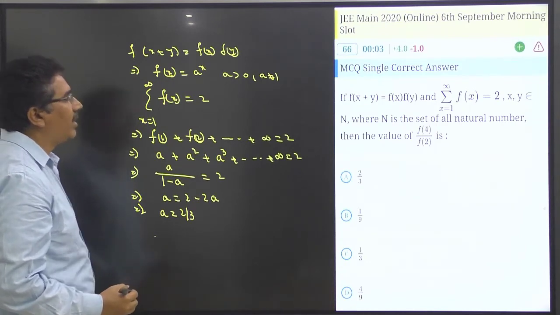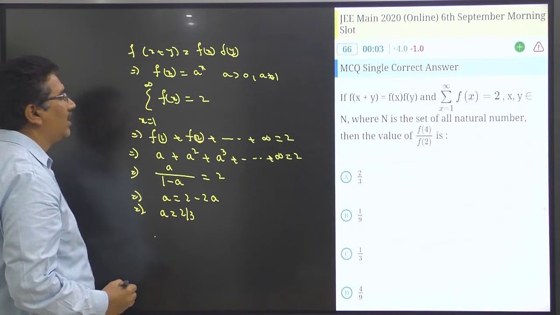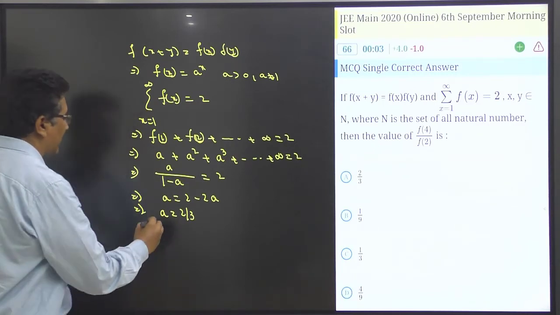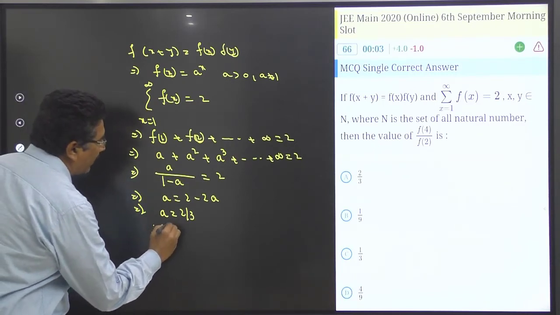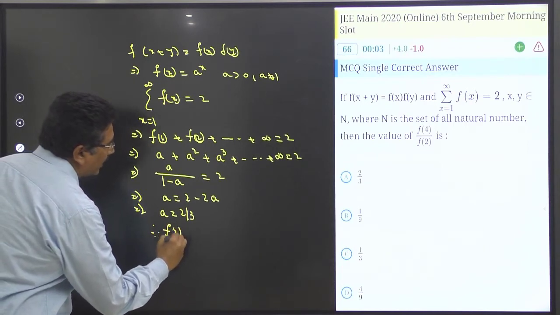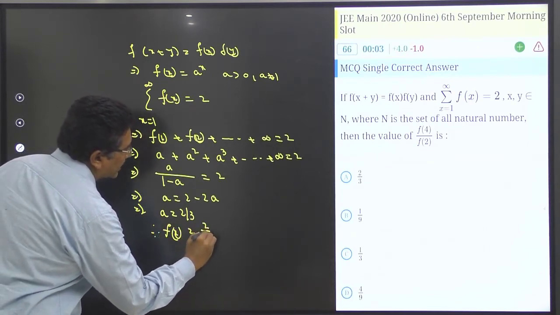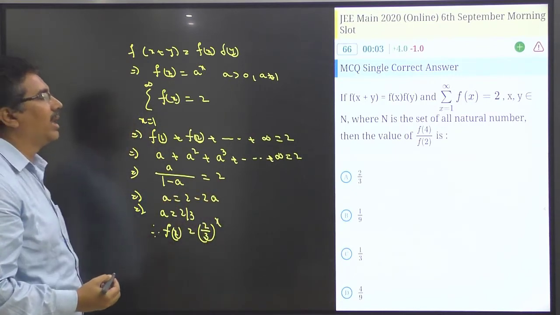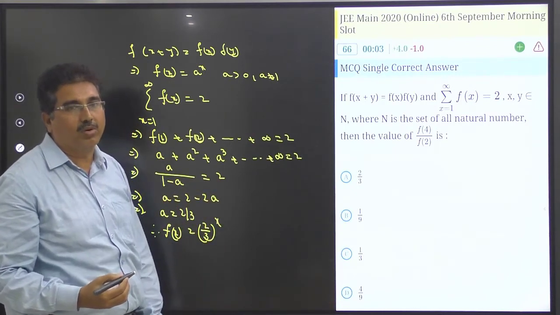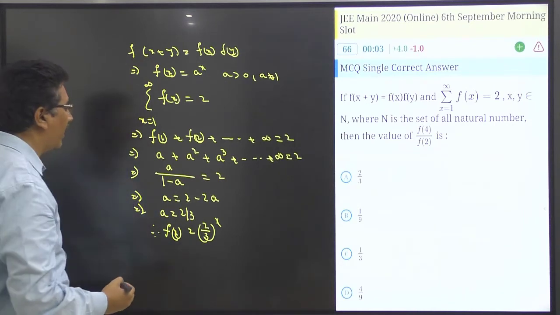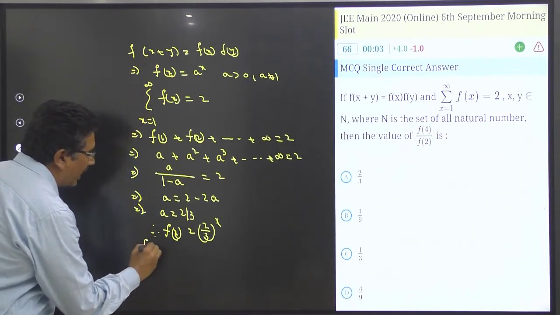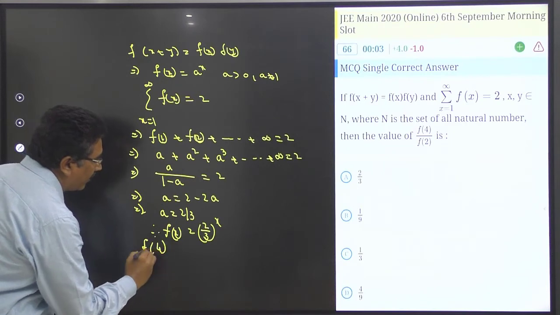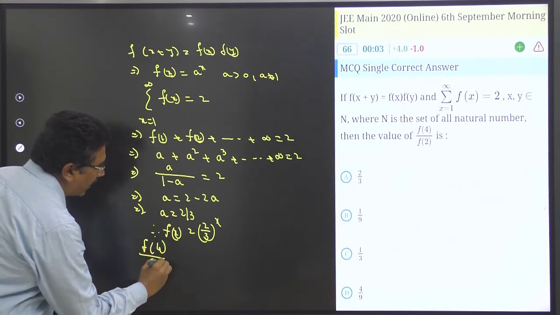So that f of x is equal to (2 by 3) whole power x. Now, we have to find f of 4 divided by f of 2.